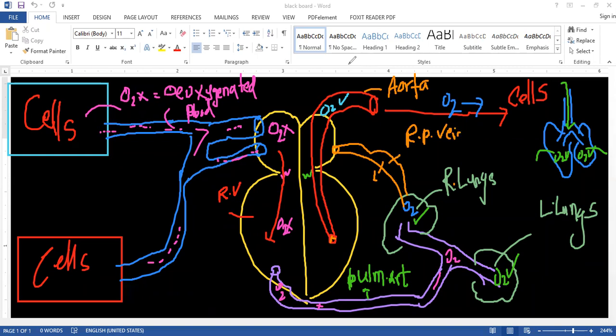Another vein is coming here from this, and that is the left pulmonary veins.